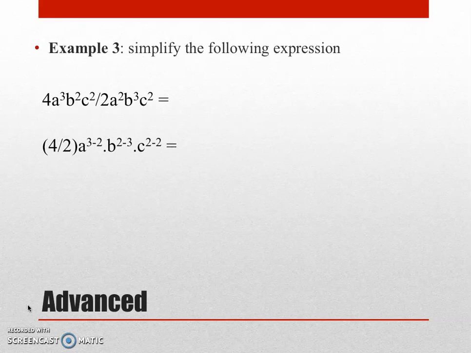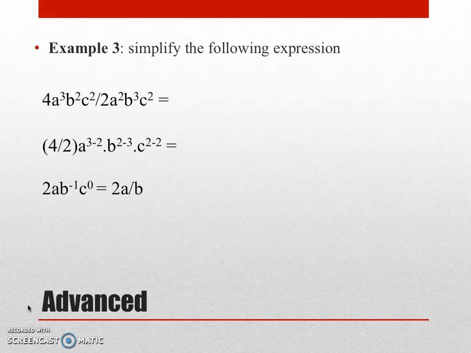For a, we have a 3 in the numerator and a 2 in the denominator, so that becomes a to the power of 3 minus 2. Similarly, we have b to the power of 2 minus 3, times c to the power of 2 minus 2. So that gives us 2 a to the power of 1, b to the power of negative 1, c to the power of 0.